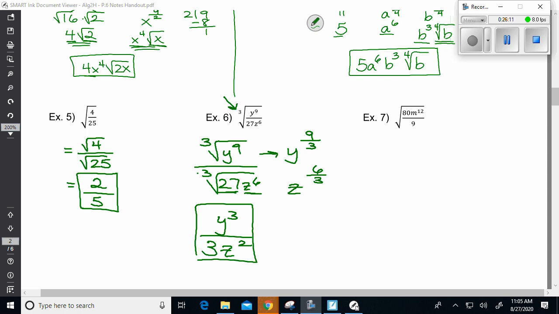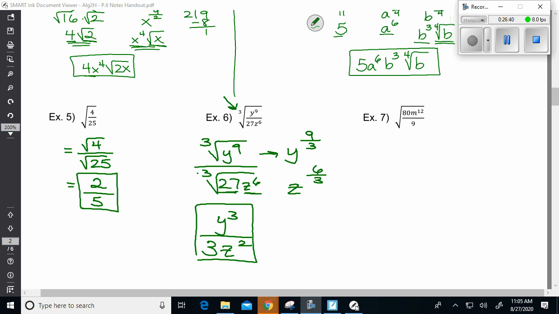Any questions, 5 or 6? If not, let's go to 7. So 7, we have the square root of 80 m to the 12th over 9.